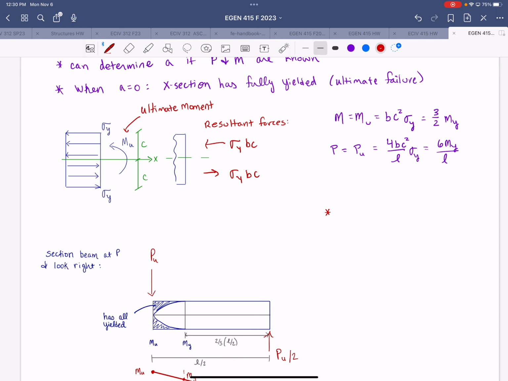So let's say the beam forms a hinge when P reaches ultimate, and the collapse mechanism begins.